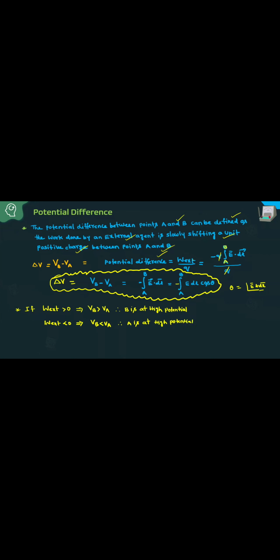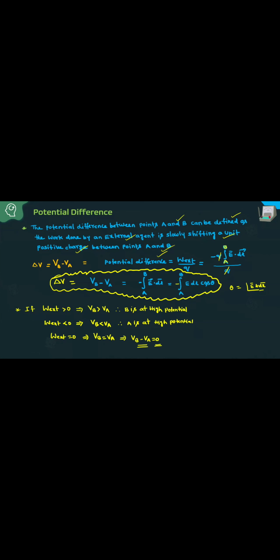This is the positive case, VB greater than VA. This is the negative case, VB less than VA. If W external equals 0, work done is 0, then VB equals VA. Then the potential difference is also 0. Work done 0 means the potential difference is also 0.